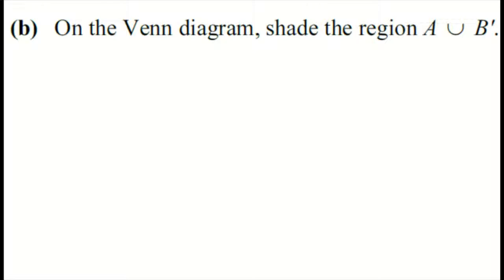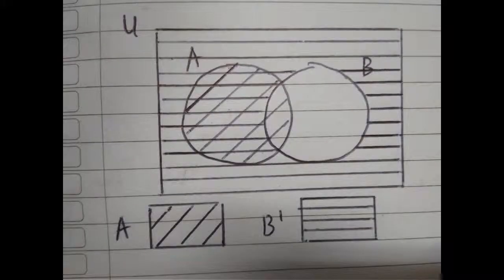On the Venn diagram, shade the region of A union B complement. I always tell my students that it is important to draw accurately. What I mean by drawing accurately is that it will help us understand what the question really wants us to do.